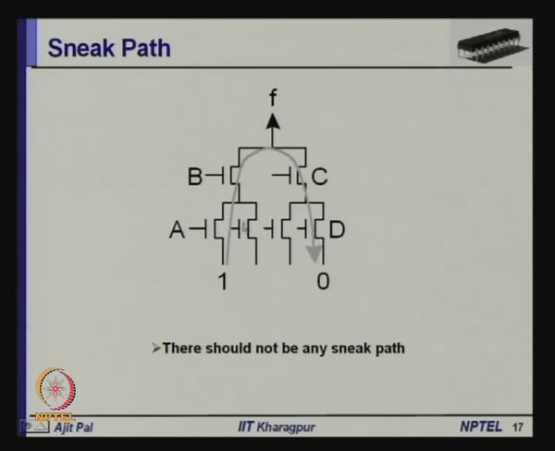So the voltage will be neither high nor low, something in between, and not only that, it will lead to short circuit power dissipation. So you have to design such that there should not be any sneak path, which I have already mentioned as the third rule.